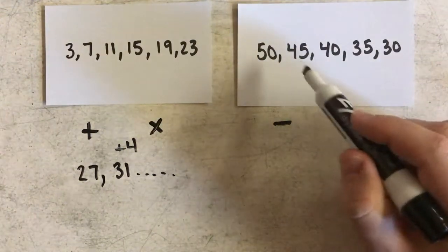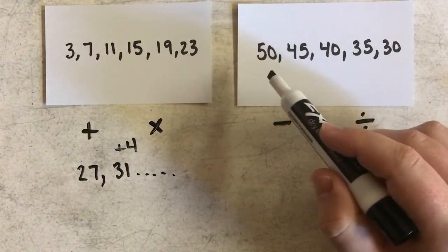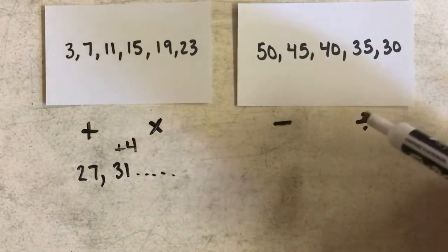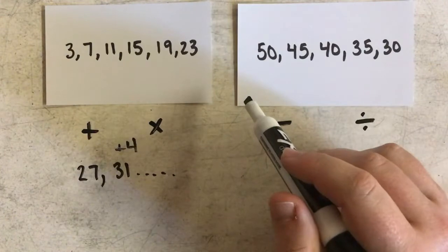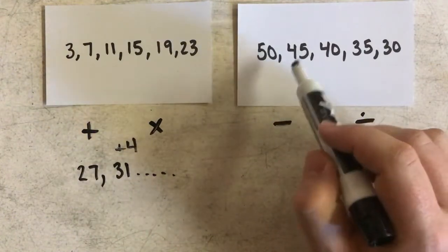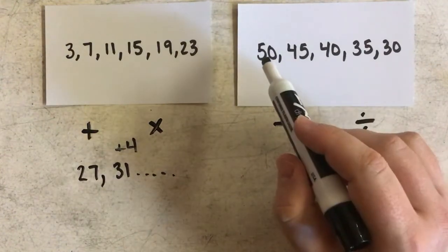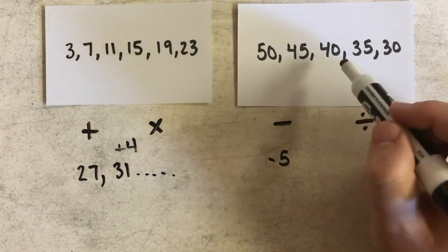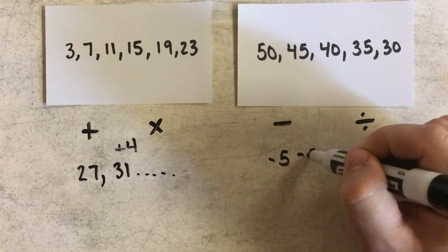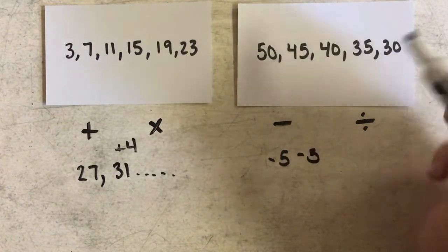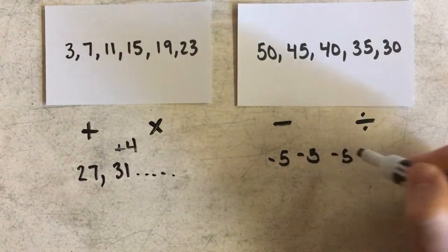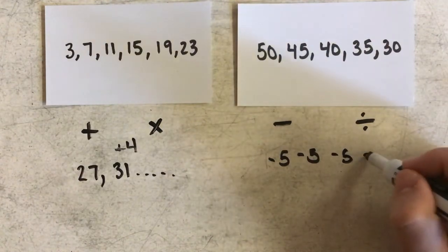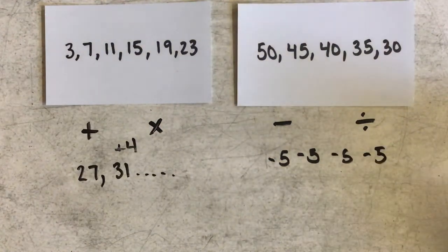Over here, I saw that my numbers were getting smaller, so I'm going to say I'm either subtracting something or dividing by something. To get from 50 to 45, I didn't divide by anything, but I did subtract 5. To get from 45 to 40, I also had to subtract 5. To get from 40 to 35, I subtracted 5, and from 35 to 30, I also subtracted 5.